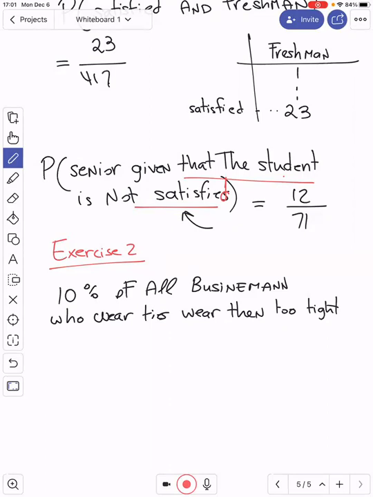So when you select a businessman at random, okay, so P, that's the probability of success. So this is when a businessman wears a tie which is too tight, right?